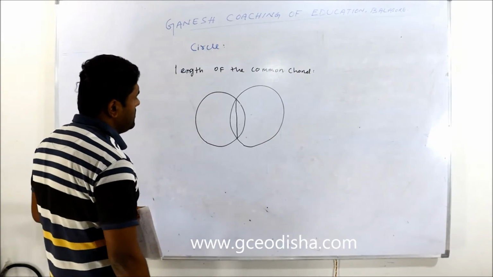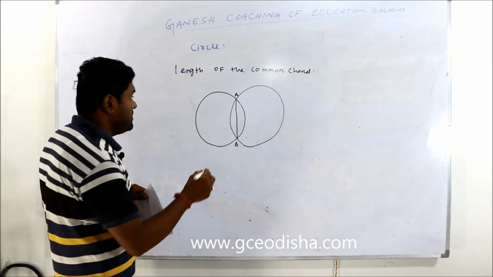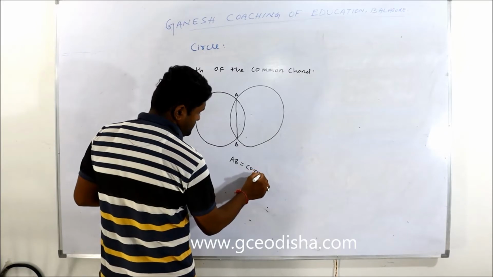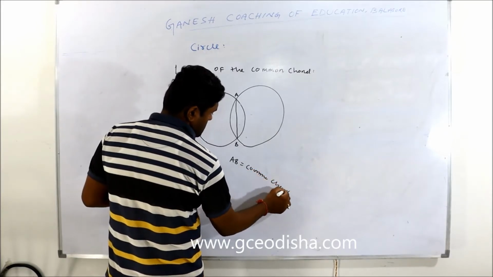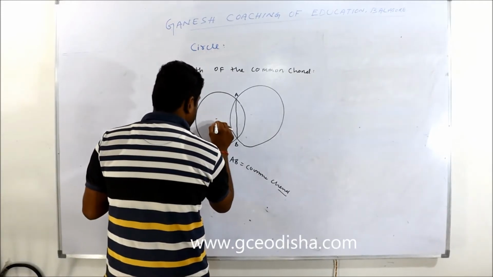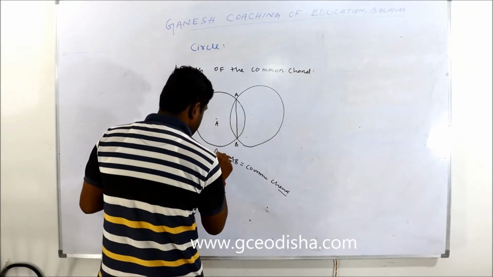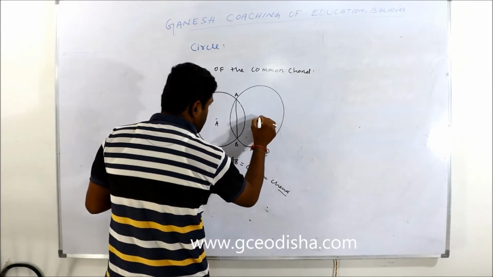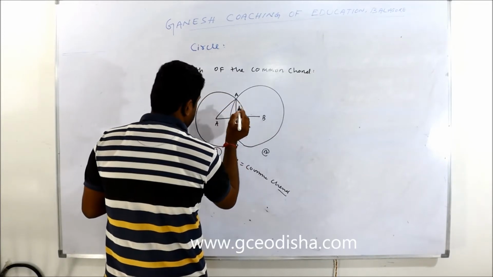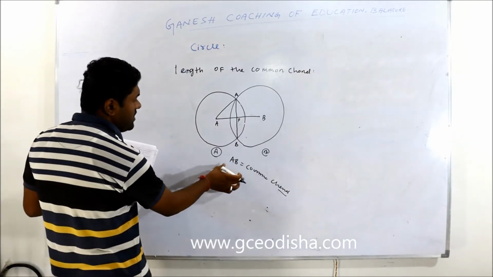Okay, and this point is A and this point is B, right? And AB is known as the common chord. Two circles. Okay, like this is point P. Like this circle has center A, another circle has center B. Join the two centers. Okay, and this point is P. Then how can you find the common chord?